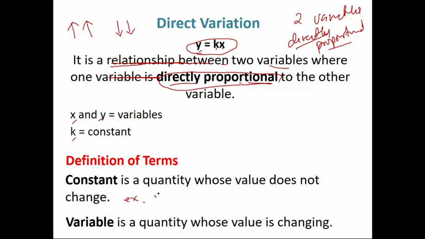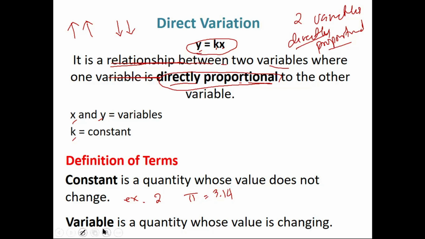So for example, 2. Also, we have pi. Pi is considered as a constant term or constant value because it has a definite value which is approximately 3.14.